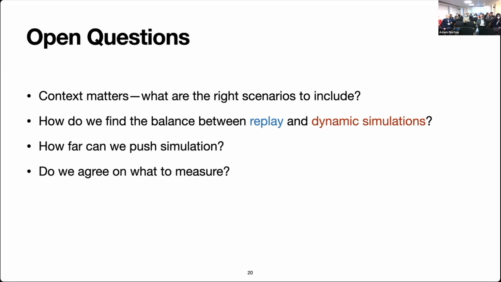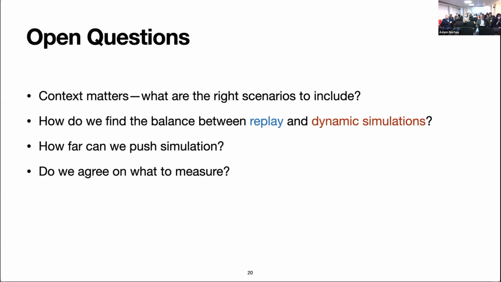Also, the big shortcoming of SocNav Bench is the fact that these are purely replay scenarios. So we took real human movement, we replay them, and we essentially assume that a successful social navigation algorithm will avoid perturbing the existing human movements.